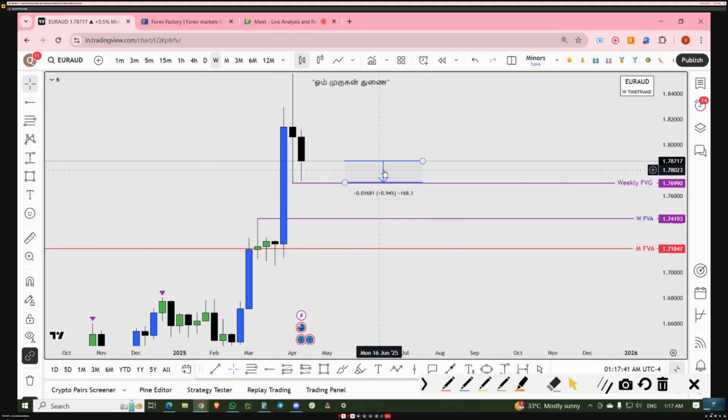Anyway, we know that as and when the price comes and touches that weekly FVG, the probability of retracement is higher, considering the comparison we did, bulls versus bears. So we can place our order at the FVG area with the stop loss at that weekly fair value area.